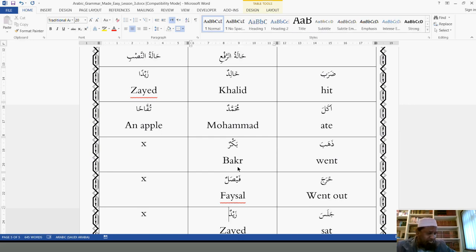It is not as hard as we thought. It's very easy. For Jumla Ismiya, just follow those three rules. For Jumla Fi'liya, just follow these two simple rules. Inshallah, you can make both types of sentences.